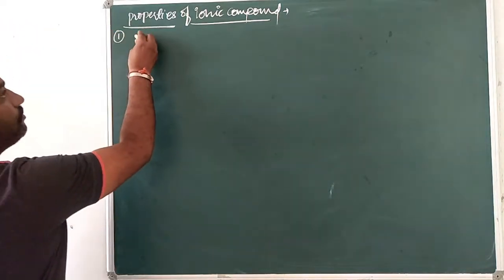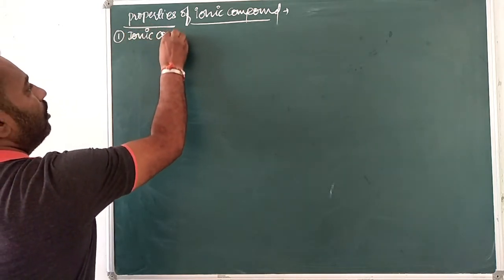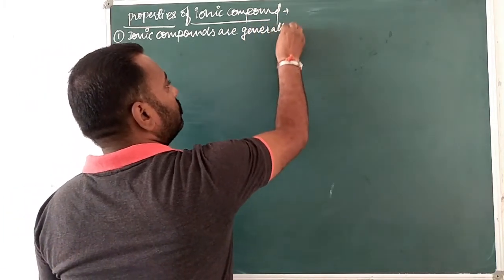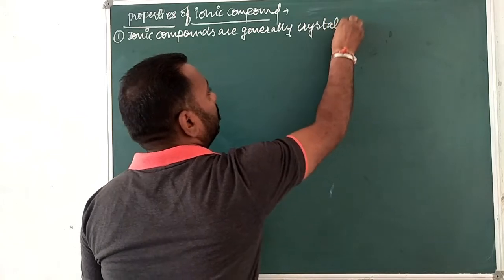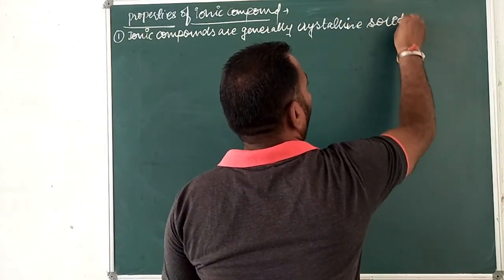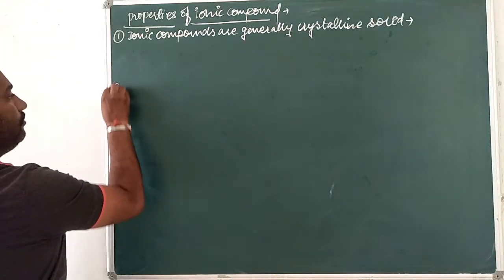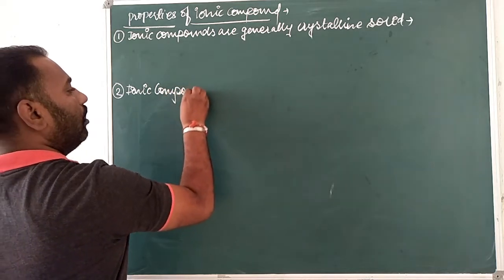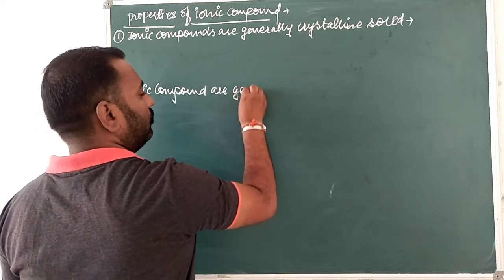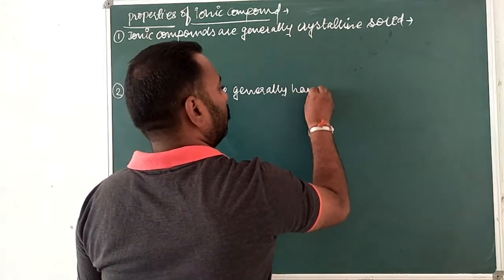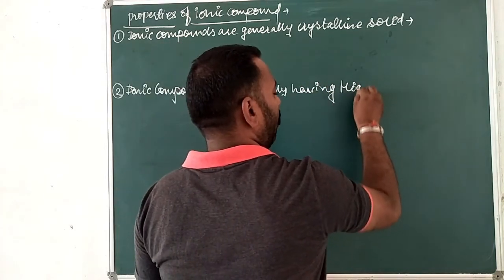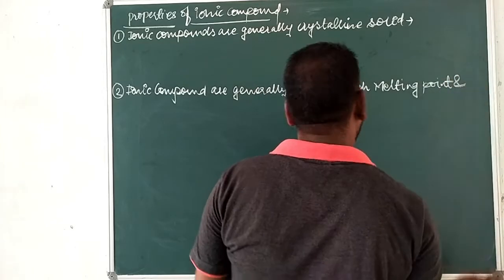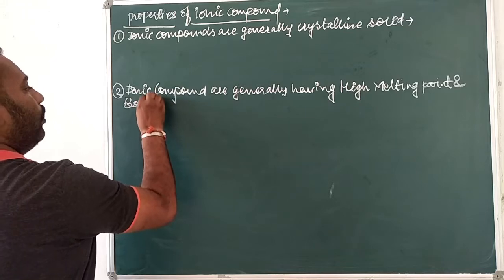So the first property is that ionic compounds are generally crystalline solids. The second property is that ionic compounds have a high melting point and boiling point.